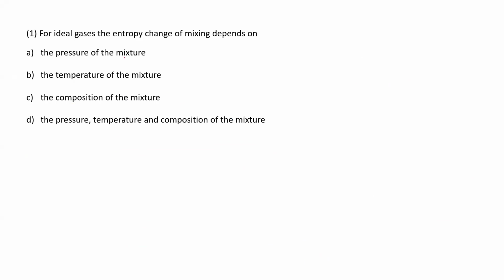For an ideal gas, the entropy change of mixing depends on what? So as I said, delta S, the entropy of mixing for an ideal gas, equals minus R sigma y_i ln y_i.